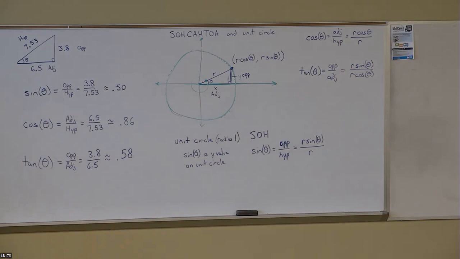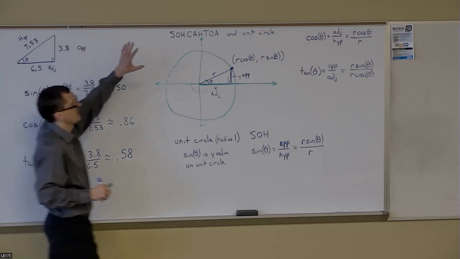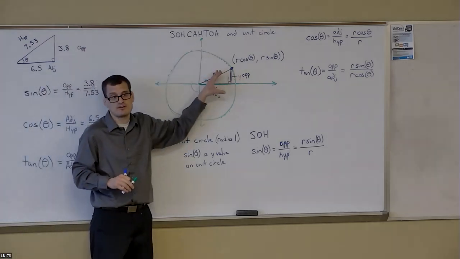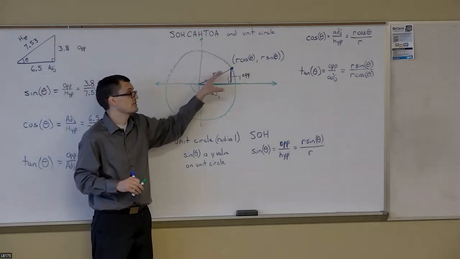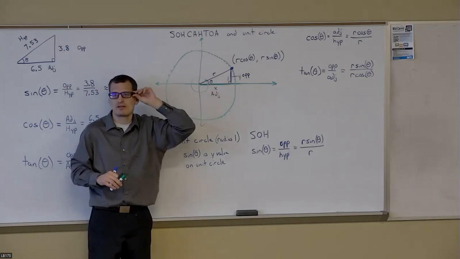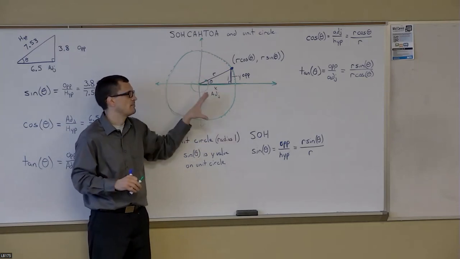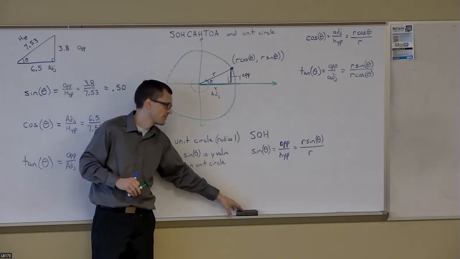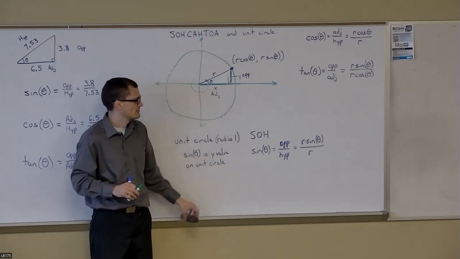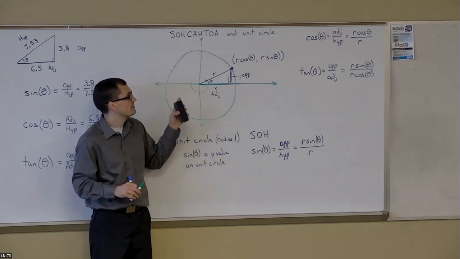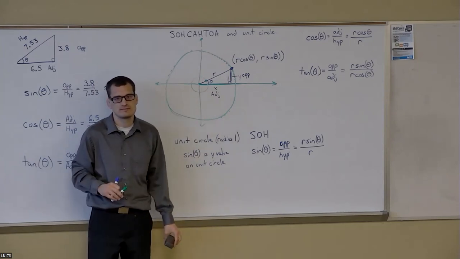So basically, these triangles all fit inside of a circle of radius r, which is equal to the hypotenuse. Okay, and because that happens, we get SOHCAHTOA. Right?